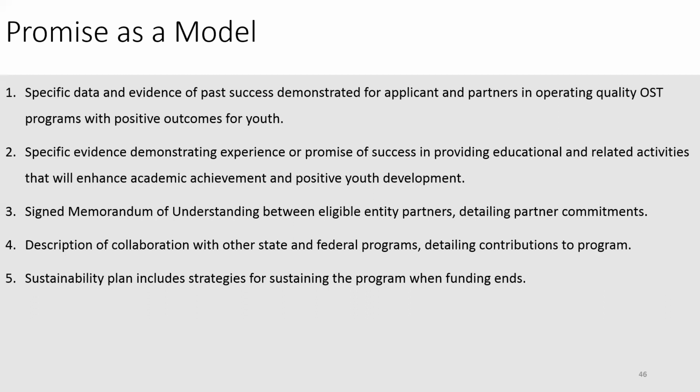This is where, number 1, you provide evidence of past performance and demonstrate your capability for implementing the program that we're asking for. And it's not just for you, the person who's submitting the application, it's for all of your partners. So let's say you're working with the YMCA and you're a school district.